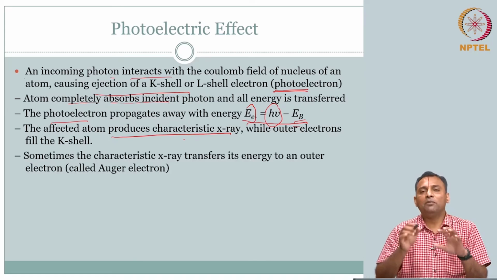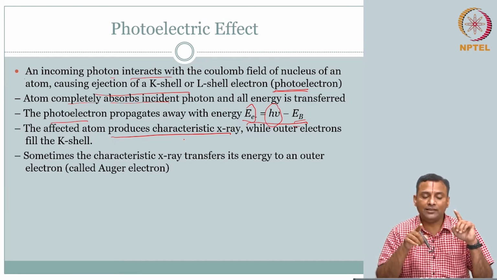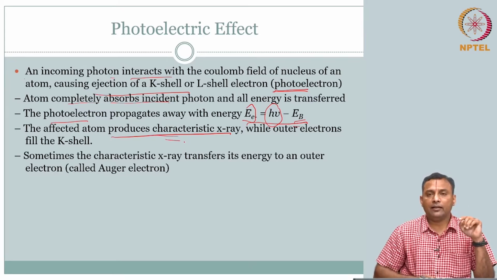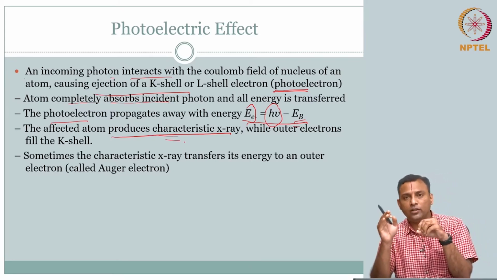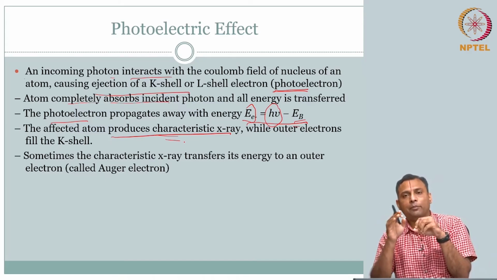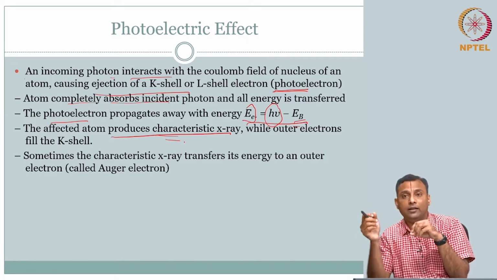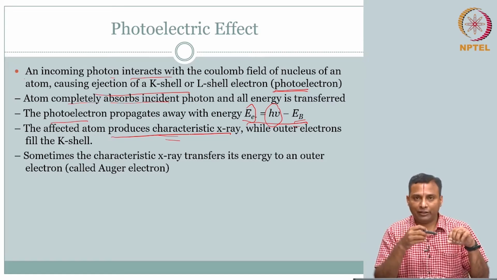So, very similar to what we did with particulate radiation. Here also what can happen is, this characteristic X-ray that is coming out, on its way out from the atom, can probably kick out the electron in the outermost shell. So, you have a characteristic X-ray that is produced in the photoelectric effect.